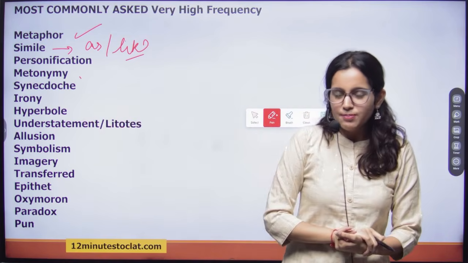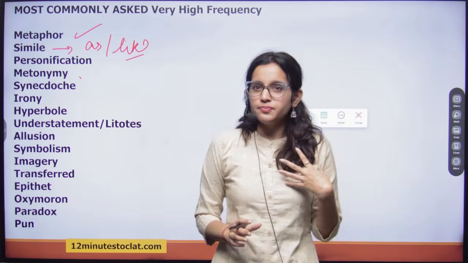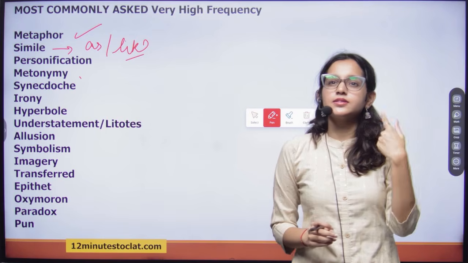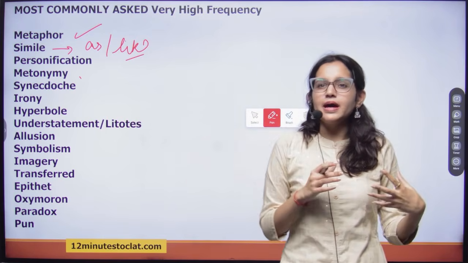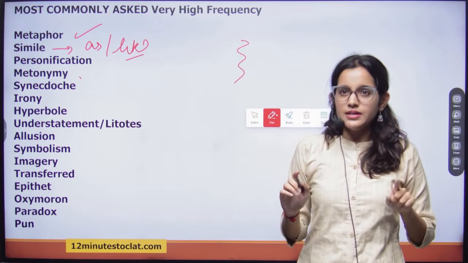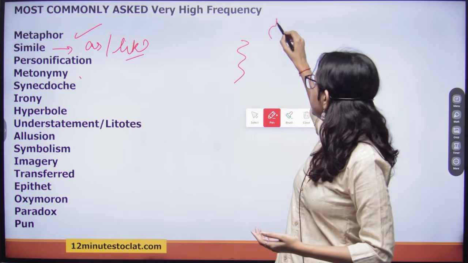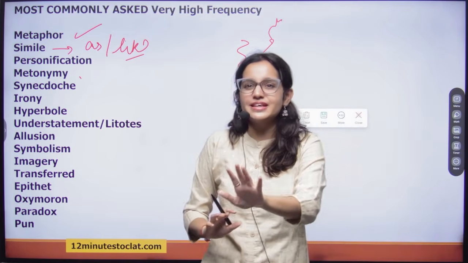Okay. For example, you have beautiful hair like snakes, you know, falling on your face. So I'm comparing the wave of the hair with that of a snake, right? I don't know if that looks like a snake, but I think we get the idea.